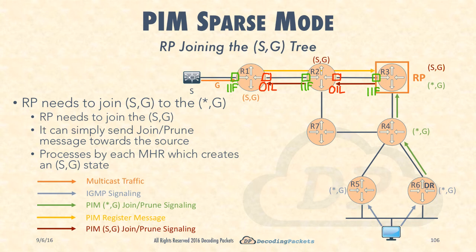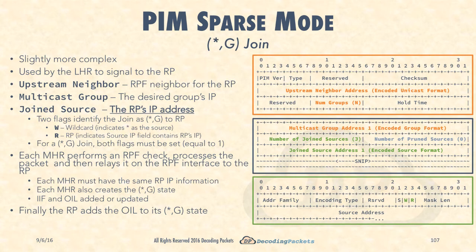The actual traffic that is received by R1 from the source can now be sent down the tree to R2 and then towards R3. So this is the S,G signaling's final goal, and as you can see, it has met it here.